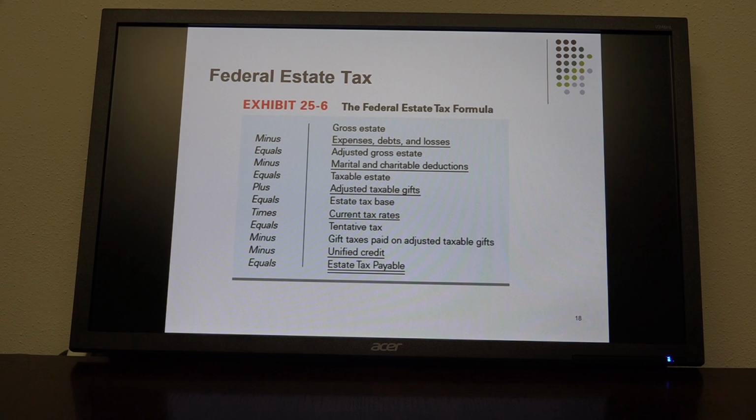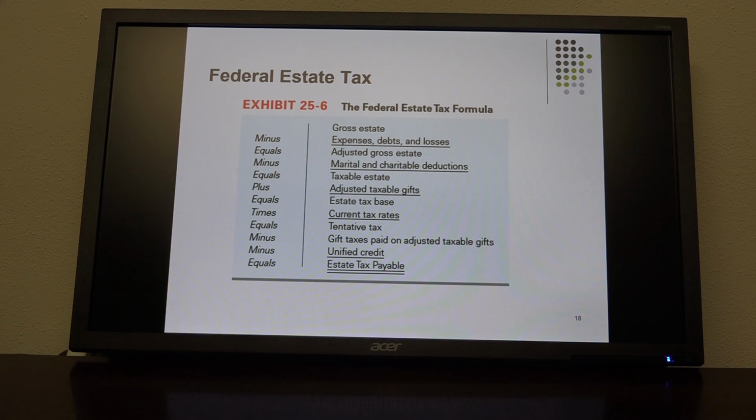From that, you add the adjusted taxable gifts, something that was done when you were calculating gift tax, which equals the estate tax base.